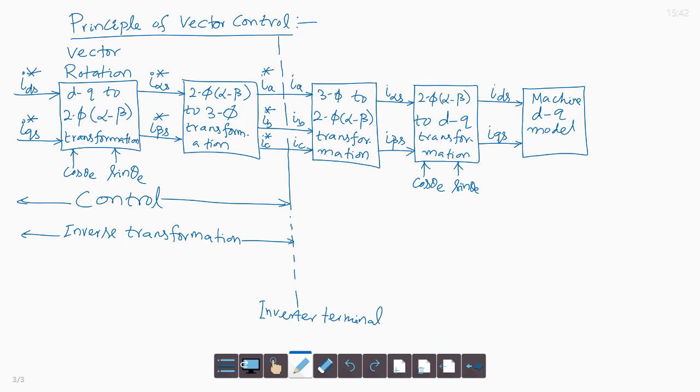So, the machine model is in the synchronously rotating DQ frame. We have the currents IQS and IDS of the motor at right angle to each other, and these reference frames are rotating at speed omega e.